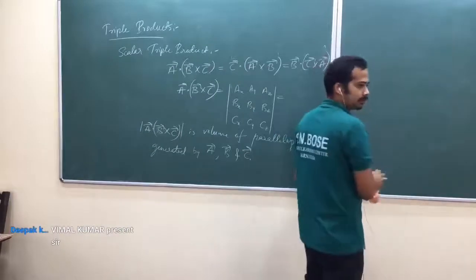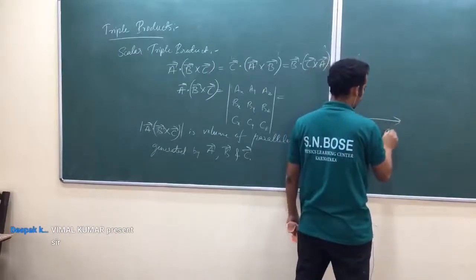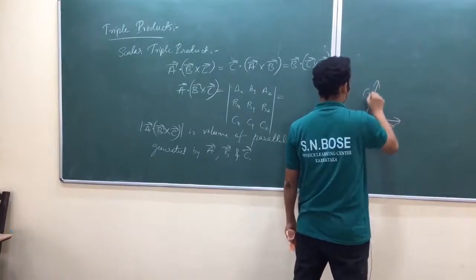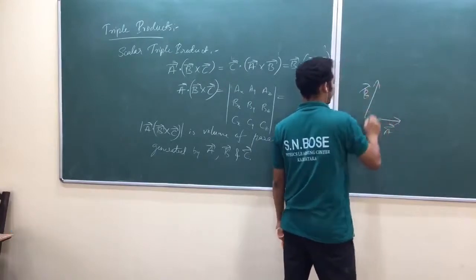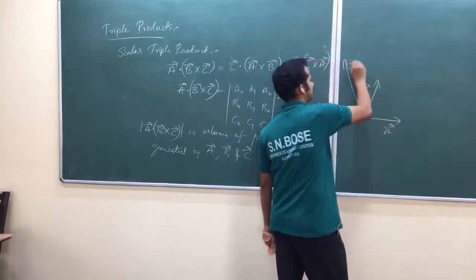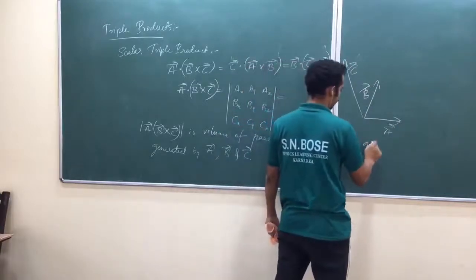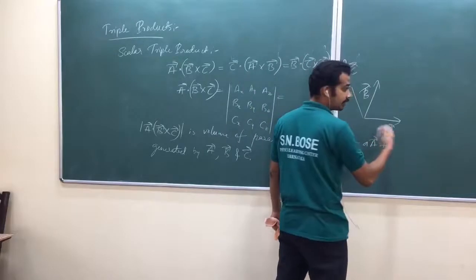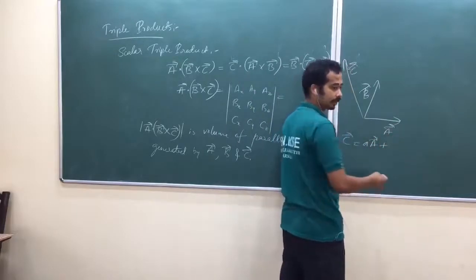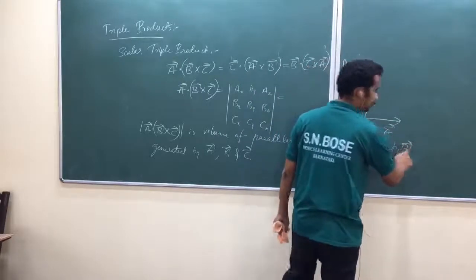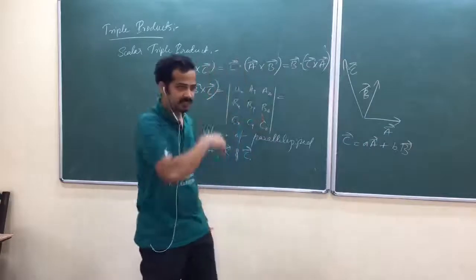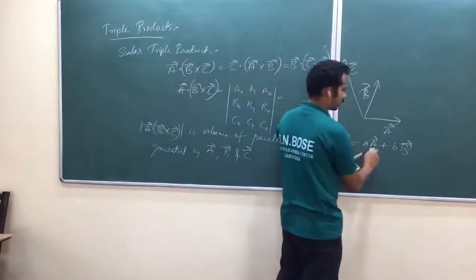Let me take the board as a plane, okay? I have a vector A here, I have a vector B here. Any other arbitrary vector can be written as some scalar times this one plus some scalar times B vector. We call this a linear combination, am I right? Now look at here, that scalar may be negative, remember.